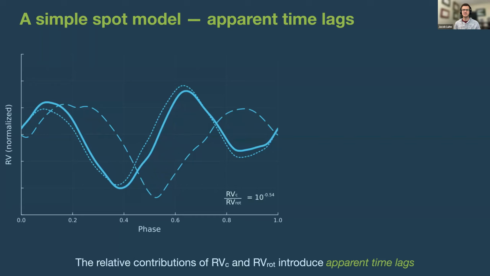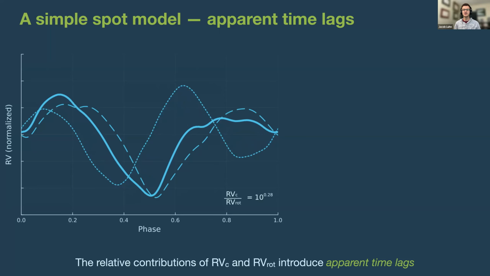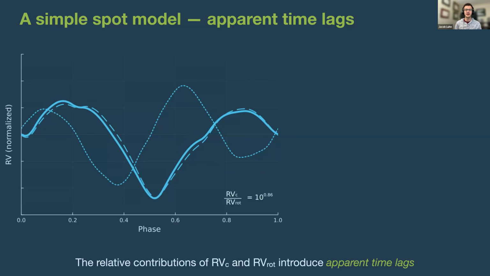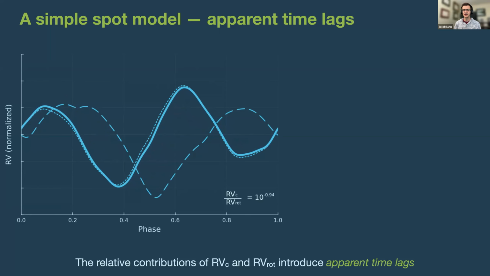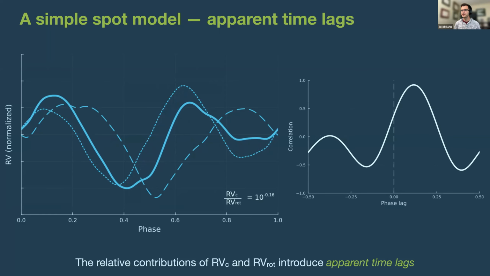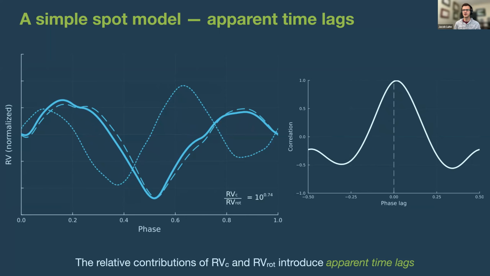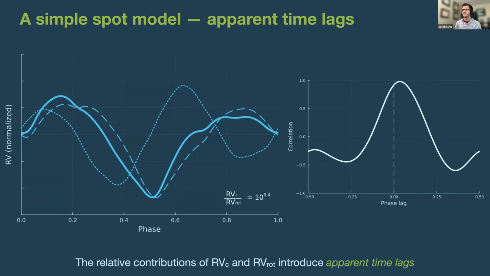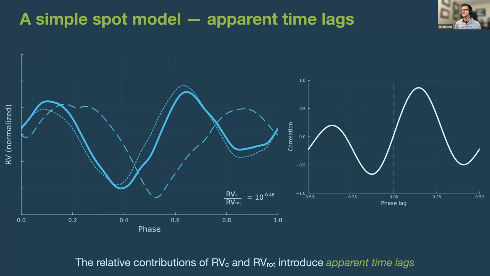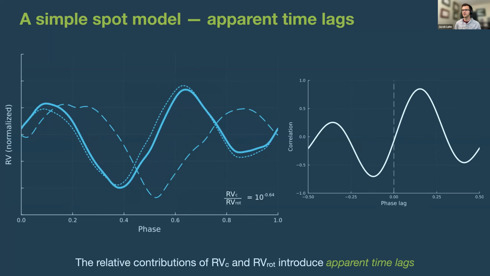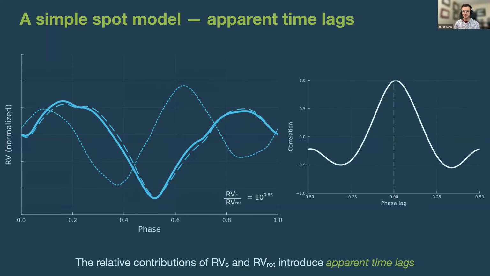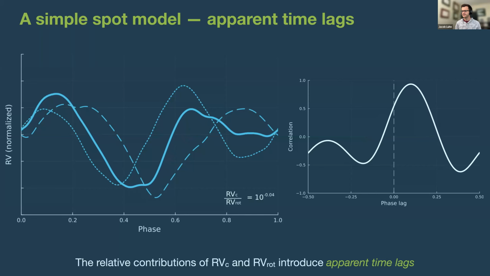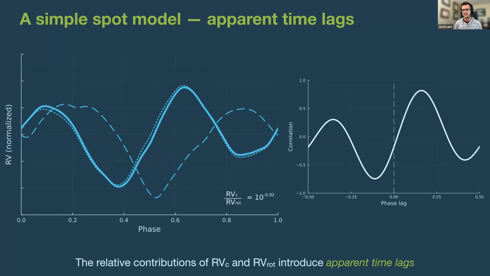And so the total RVs, you can see where those peaks are shifting to either more closely match or match with a time delay the activity indicators. And when we plot up the expected cross-correlation function between the two, we can see quite clearly how this time lag in the correlation space is affected by this relative amplitude.